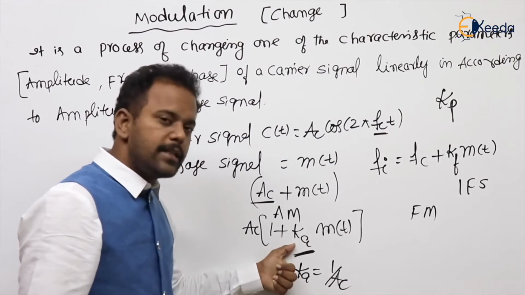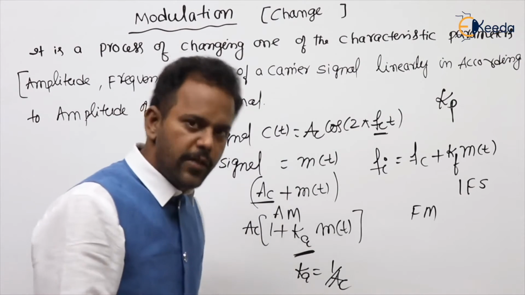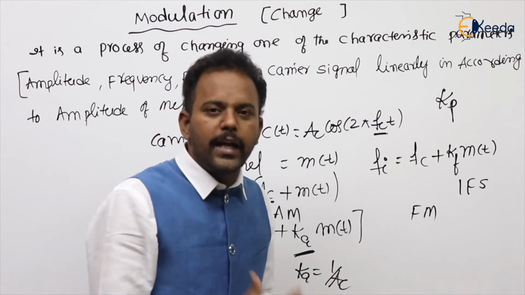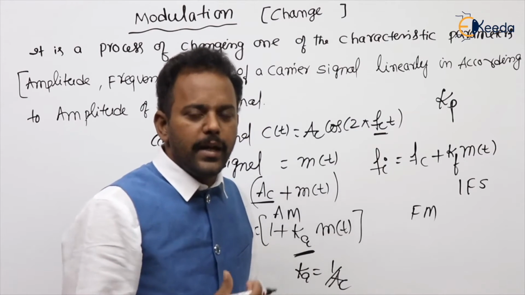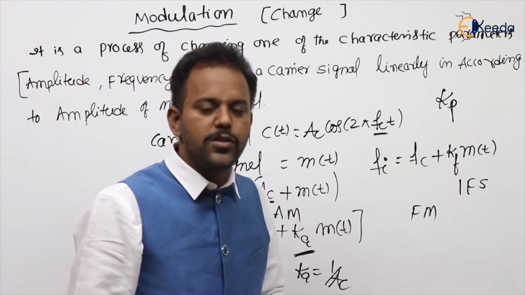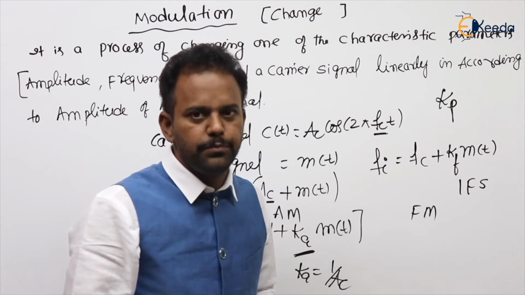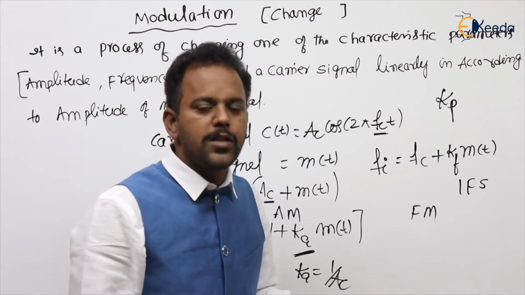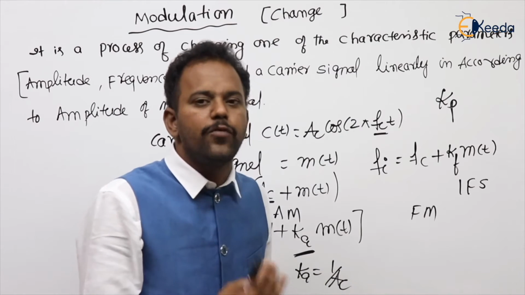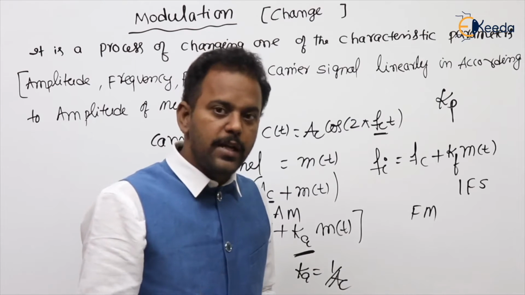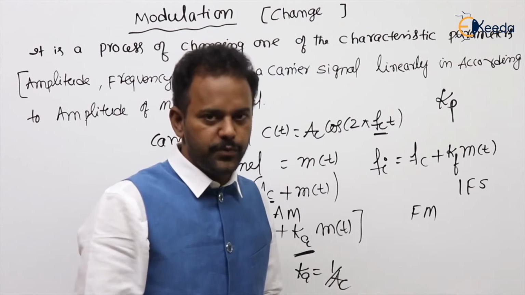But the significance of ka is different; you will understand that in envelope detection, why we take ka as 1 by Ac and what is the significance of ka and of envelope detection. Because envelope detection is the simplest technique, because of that, amplitude modulation is famous. The question is asked many times in GATE as well as the engineering services examination also.